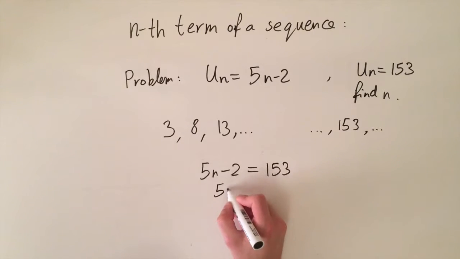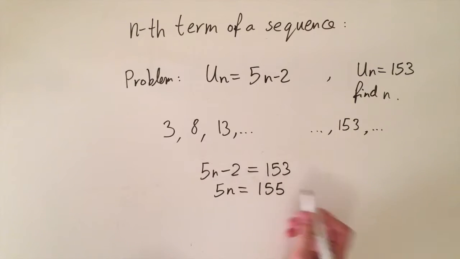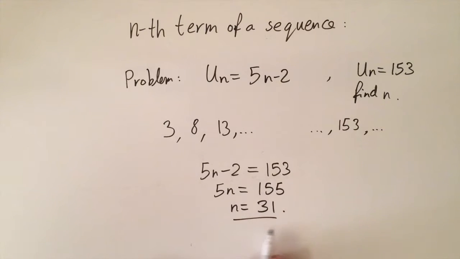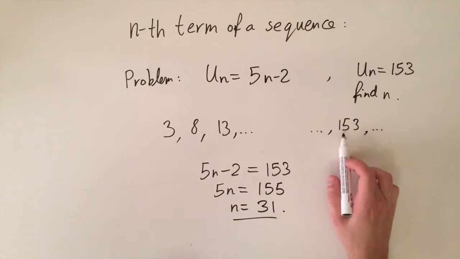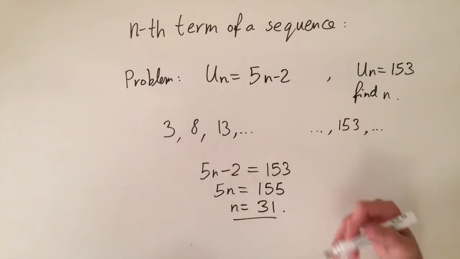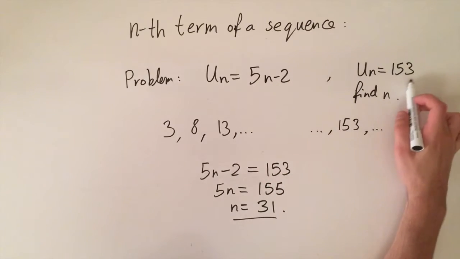If I add 2 to both sides, we get 5n is equal to 155. And then dividing by 5, we get n is equal to 31. So we know that at the 31st term in the sequence, we're going to get 153. This is the method of solving a problem like this: we just set the formula equal to the number in the term.